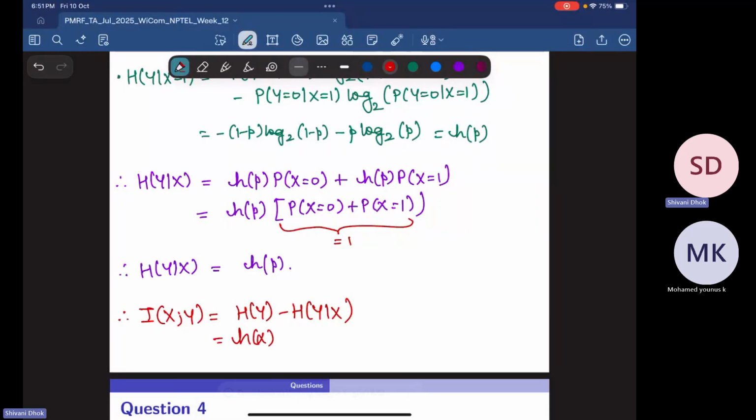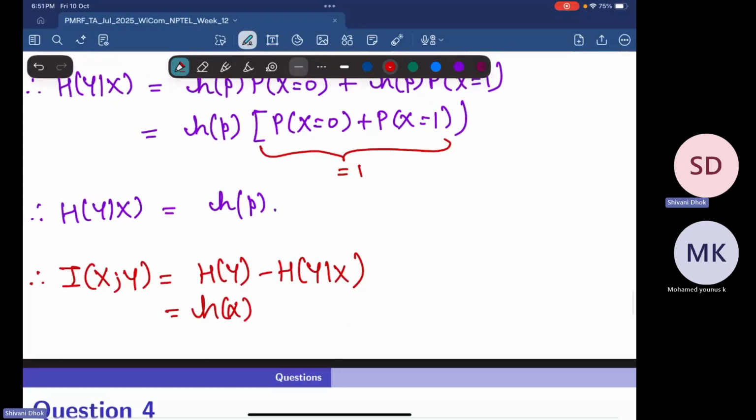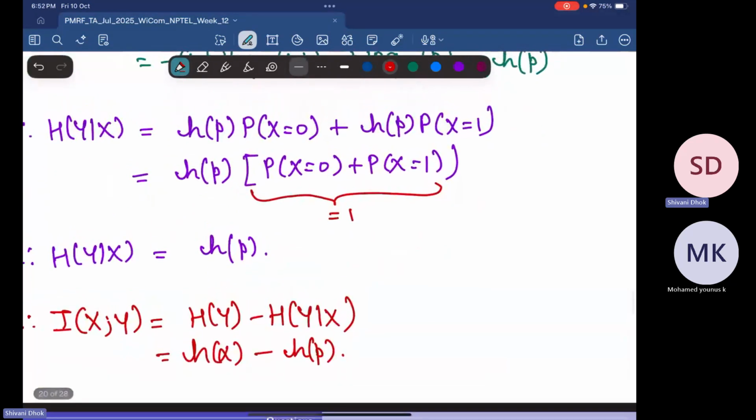Yeah, this is h of alpha, and H of Y given X is equal to h of p, so I have minus h of p. So this is the mutual information of your binary symmetric channel. Is it clear? Any questions?